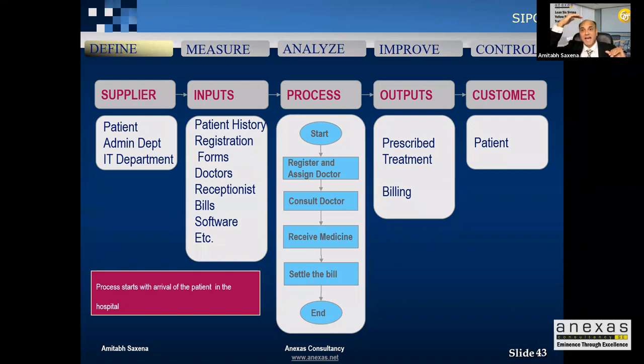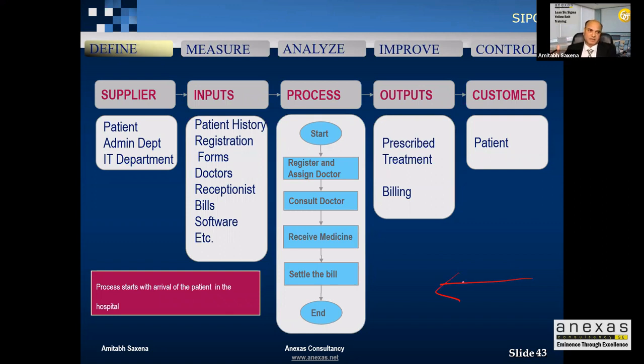First process map will be a high level process map. And then in the analyze phase, you will go deep and make a detailed process map. So the first process map is the high level 50,000 feet view of the process. SIPOC: supplier, input, process, output, and customer. Here, generally I start with customer.